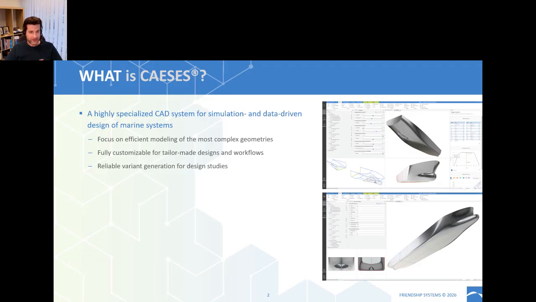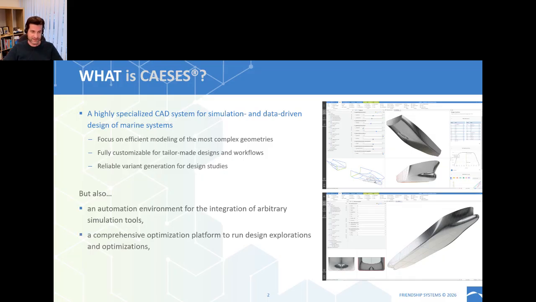So the generation of variants is very important, and it provides reliable variant generation in order to conduct design studies and optimizations. But Cases is beyond that also an automation environment that allows the integration of arbitrary simulation and calculation tools into the process.